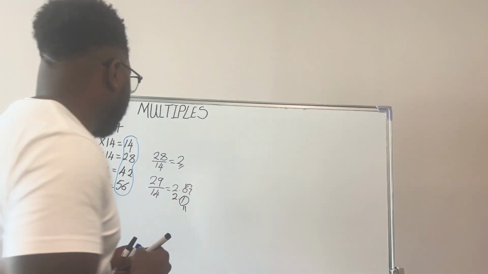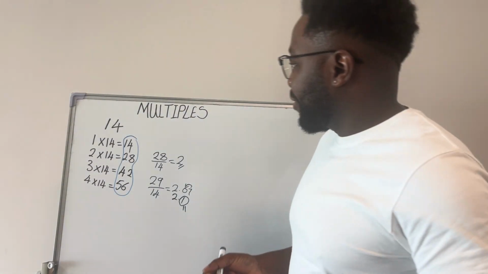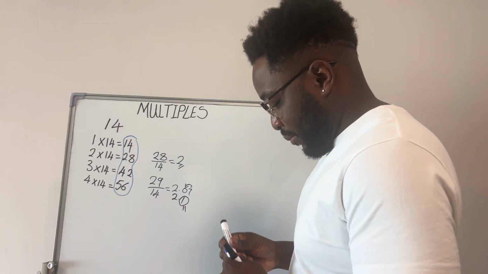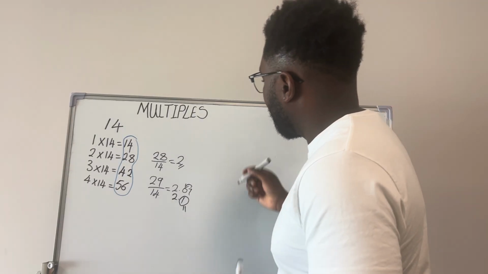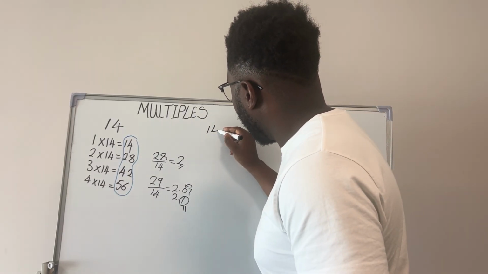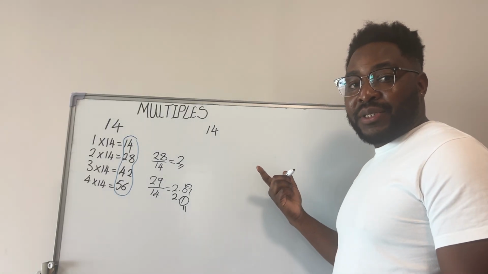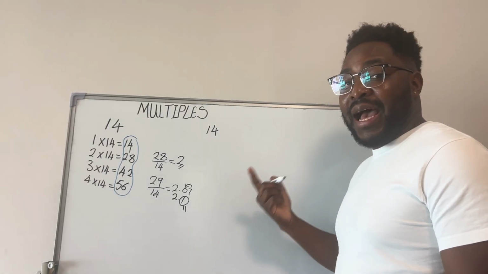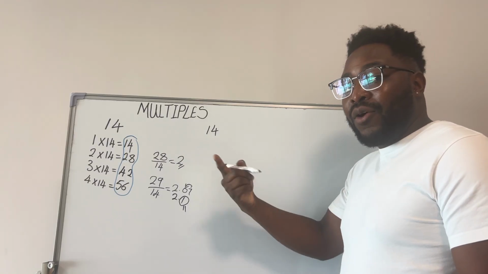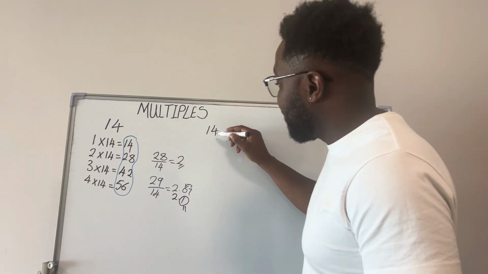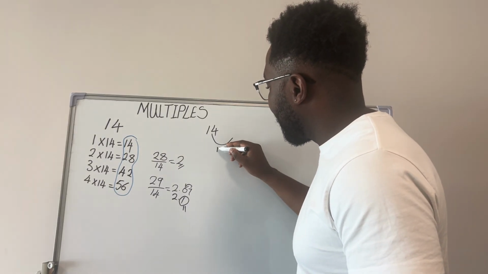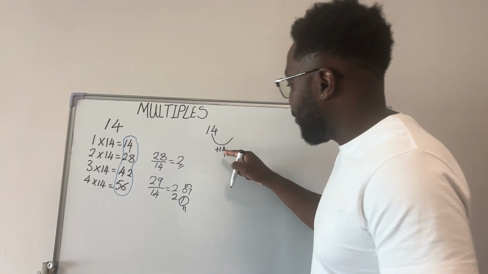What do I mean by that? Let's say, for example, 14. We have our 14 over here. If we want to find multiples of 14 by adding the same number over and over again, we can simply add our 14 right here.